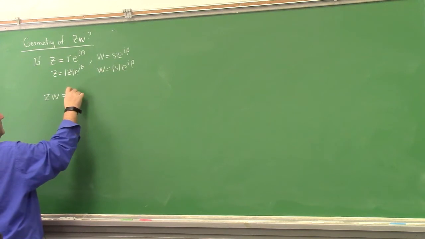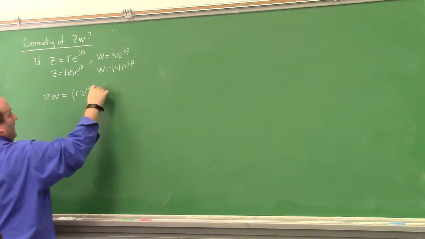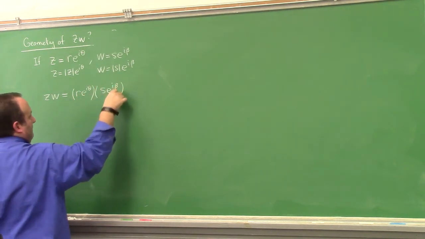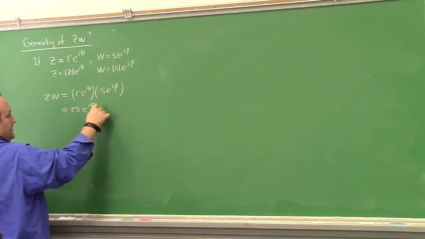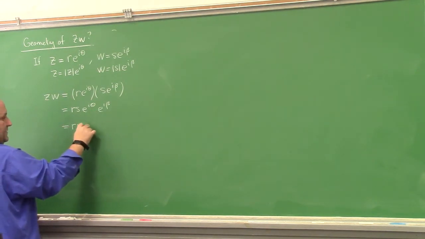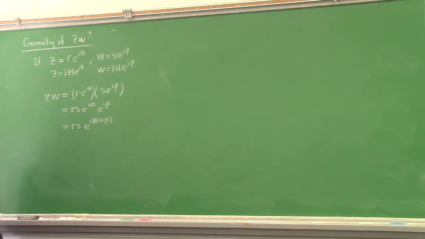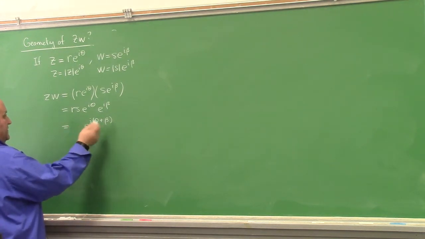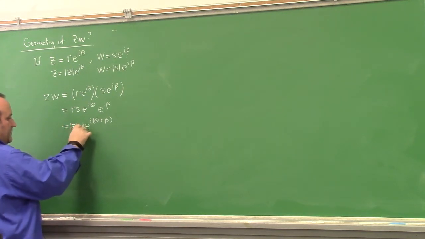It is R e to the I theta, S e to the I beta, which is RS e to the I theta e to the I beta. But what is that? That's RS e to the I (theta plus beta). Or, going back to the other notation, this is the magnitude of Z times the magnitude of W.